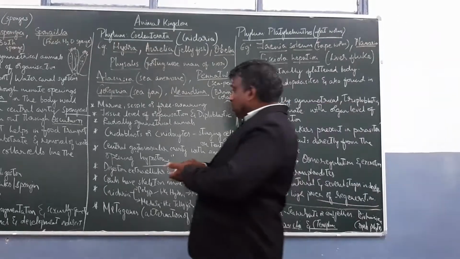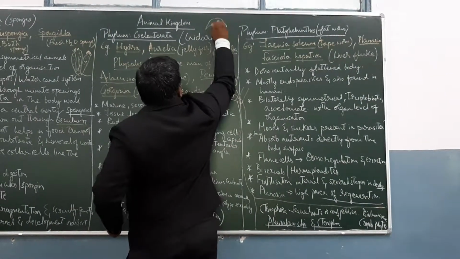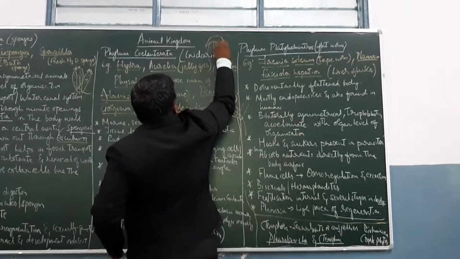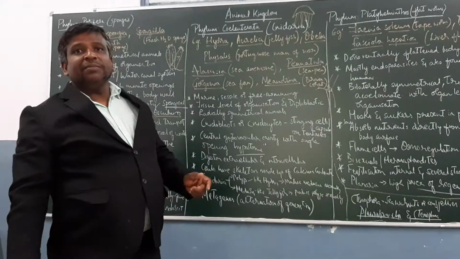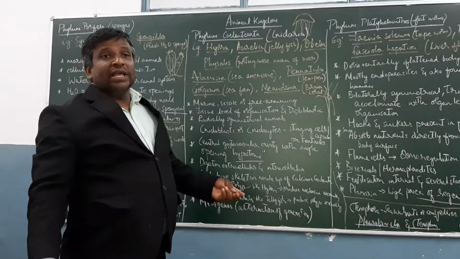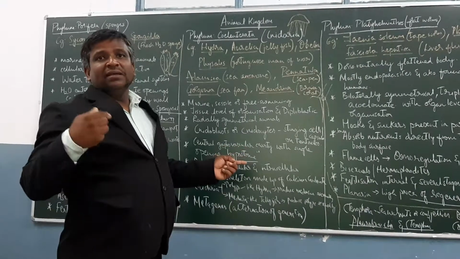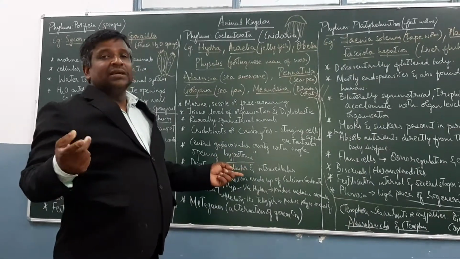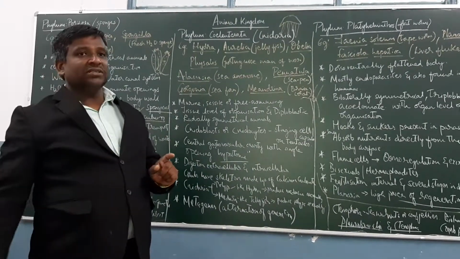Whereas jellyfish are umbrella shaped, which we call medusa. So they have two forms, polyp and medusa: the polyp is Hydra-like, and the medusa is jellyfish-like. They show this alternation of generations.